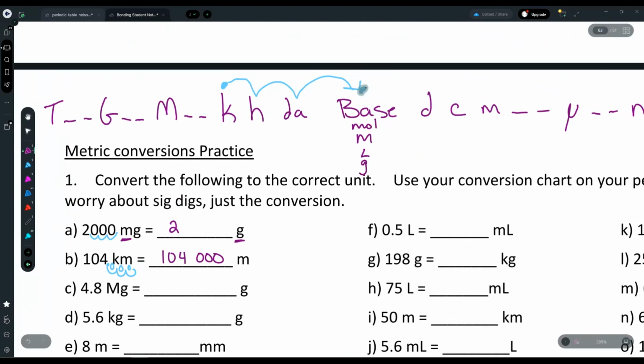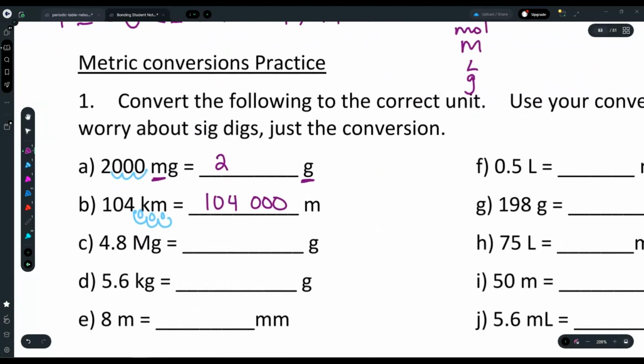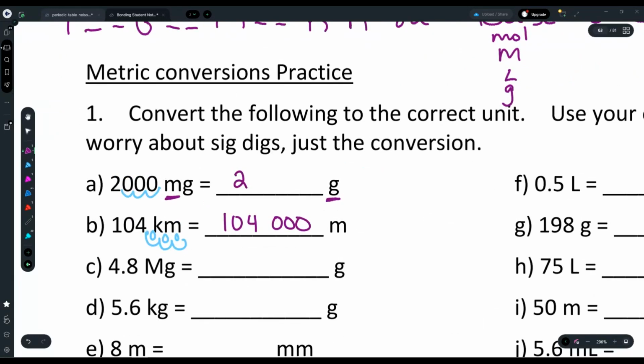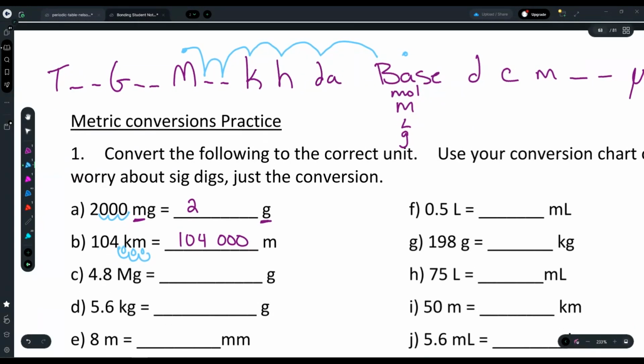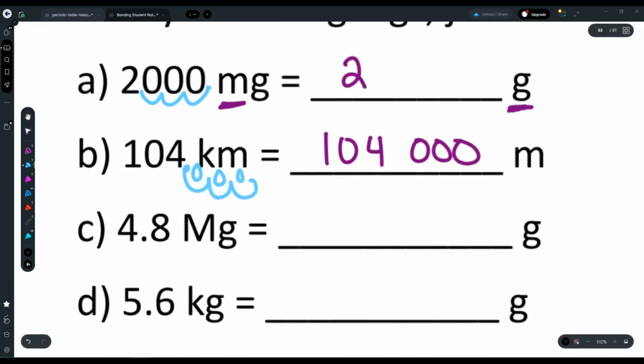With the next one here, we have 4.8 megagrams. So mega is right here, and then grams is right here. So I'm going to count, and I need to count these placeholders when I move my pencil over. So 1, 2, 3, 4, 5, 6. So I've got to move the decimal 6 to the right.